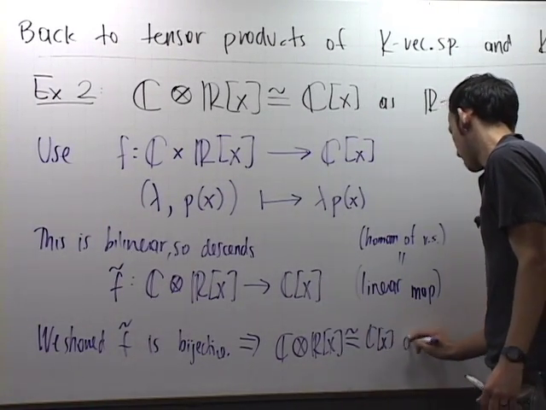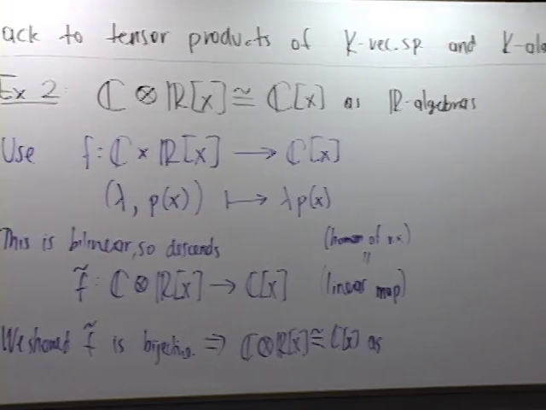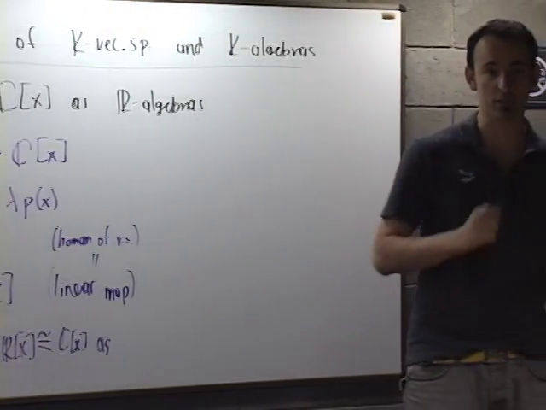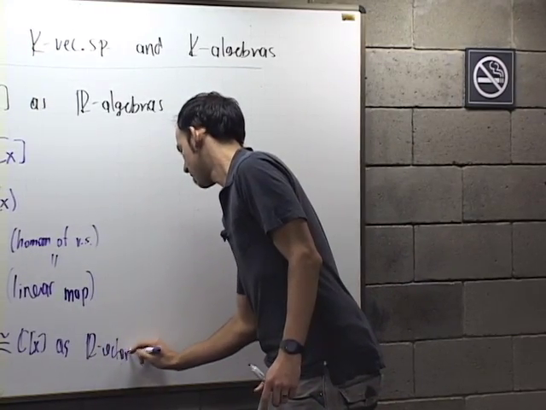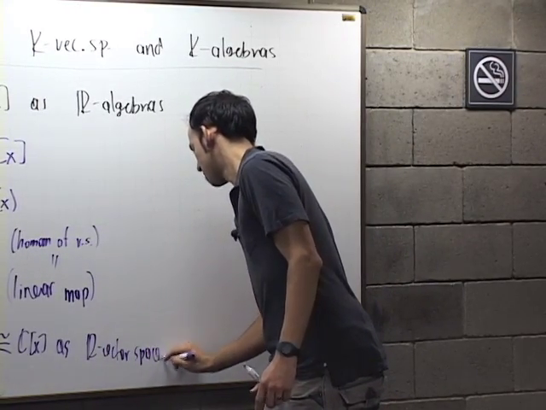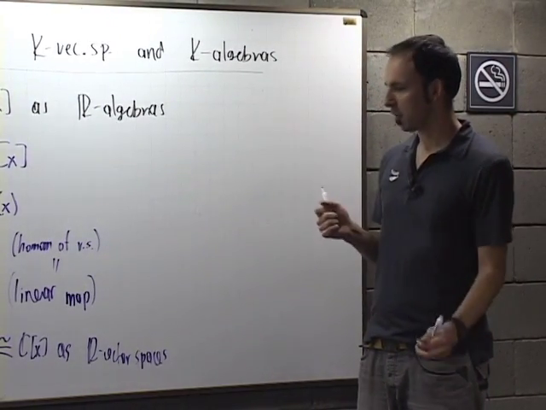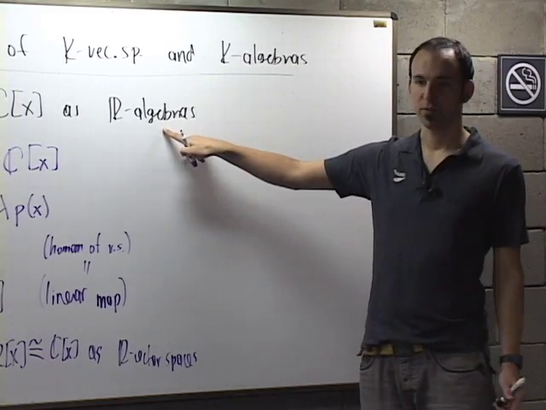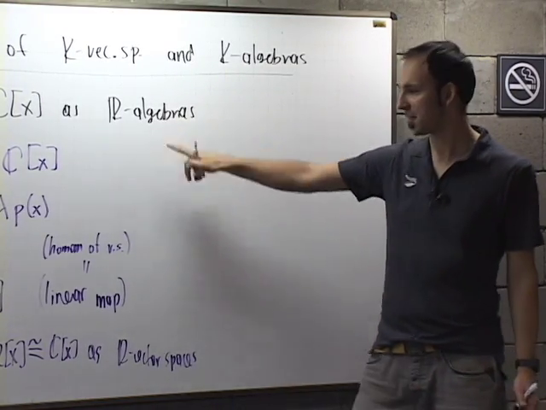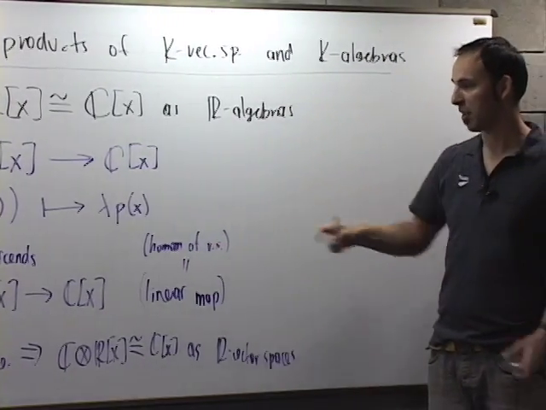as vector spaces. And again, it's very important because when you say as vector spaces, you have to say over what field. And here we're considering everything as a vector space over the reals. But Jivi's comment is that this does not yet prove that this is an isomorphism of our algebras, because we need to show that this is a homomorphism of algebras as well, of K algebras, and so far we have not checked that.